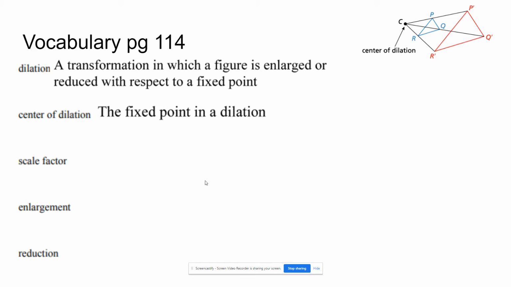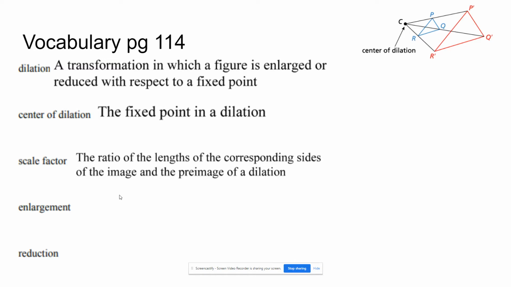In order to do a dilation, you always need to know what the scale factor is, and that's the ratio of the lengths of the corresponding sides of the image and the pre-image. And so you can find the scale factor by taking a length on the image and dividing it by a length on the pre-image.